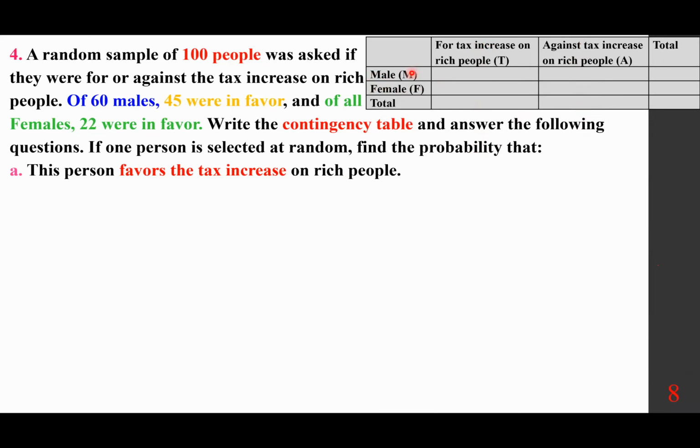For males, I'm going to use M, females F. Those who are for the tax increase, T, okay, so set of T, if you will, and those who are against it, I'm going to use A, just to make it easy for the next step. So we have a random sample of 100 people. So this last row and last column would be a total. This is the grand total. This is how many people we have.